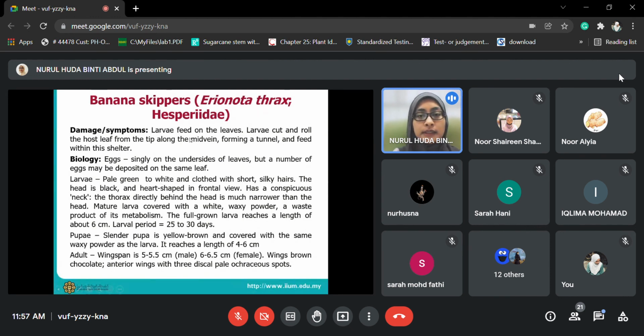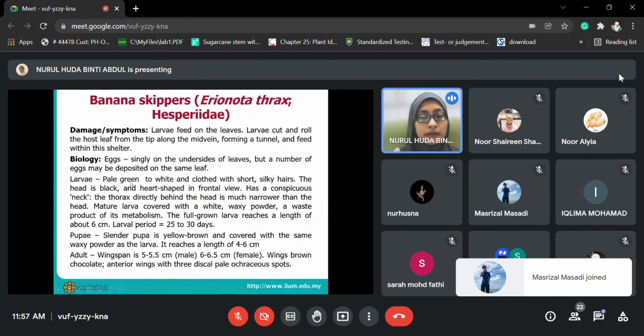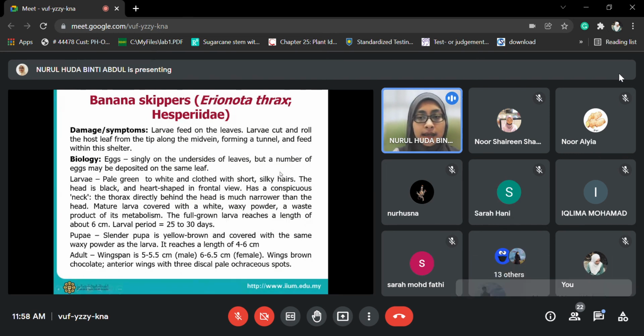Okay, the biology, the eggs singly. Okay, so you may see satu roll, just satu insect sahaja or satu individual sahaja. And larvae pale green to white, usually white and covered with silky hair. And then they have what we call it macam conspicuous neck yang sambung antara part kepala and then abdomen.